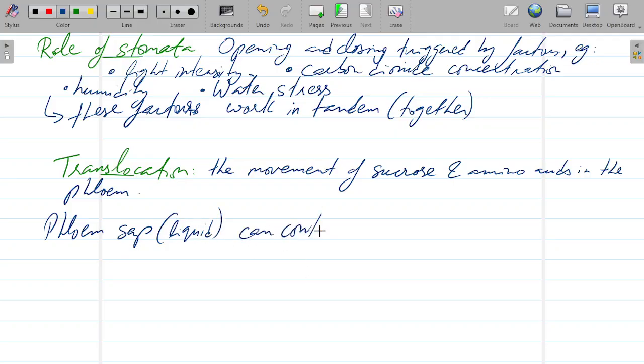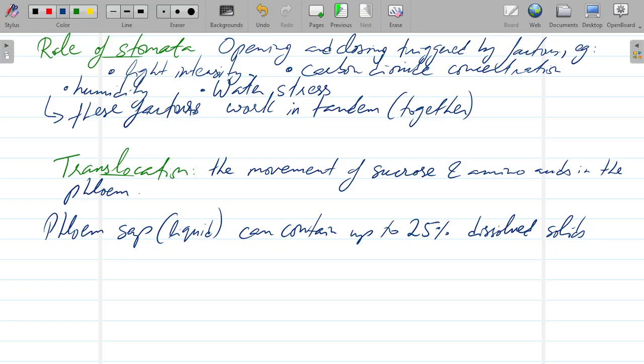can contain up to 25% dissolved solids, most of which are sucrose and amino acids, perhaps some other substances.